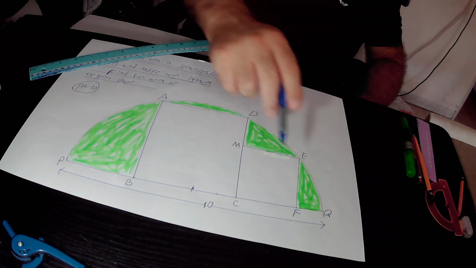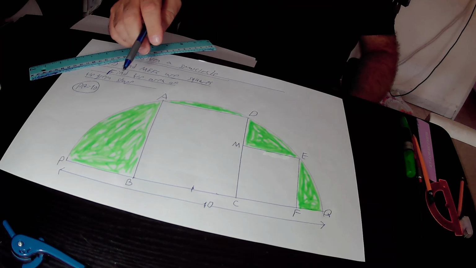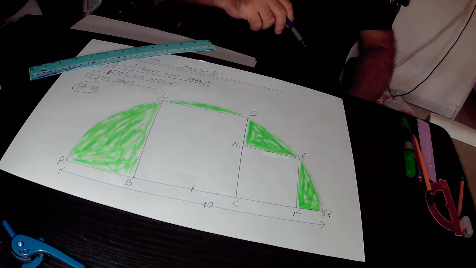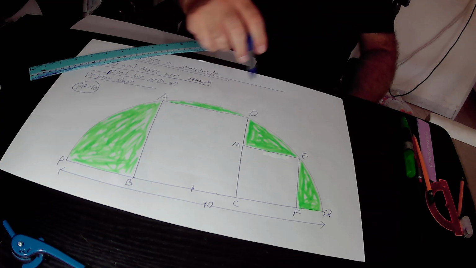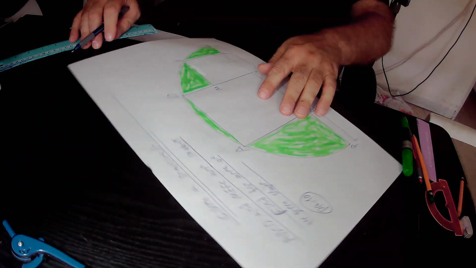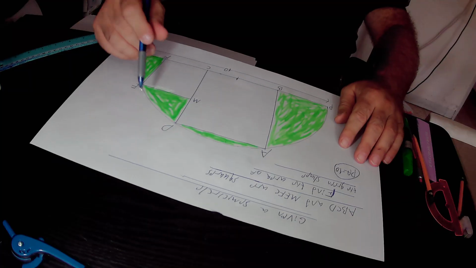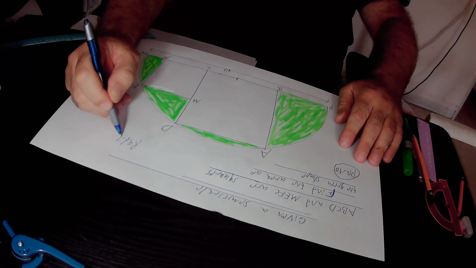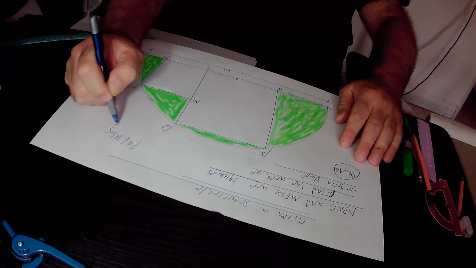PQ equals 10, that is to say the diameter of this semicircle equals 10 units in its length. Therefore, the radius must be equal to 10 over 2, that is 5. The radius of this semicircle is equal to 5 units in its length, because it is half the diameter.